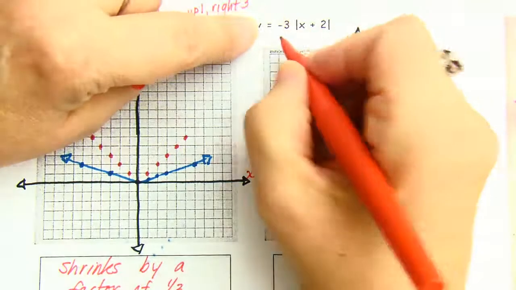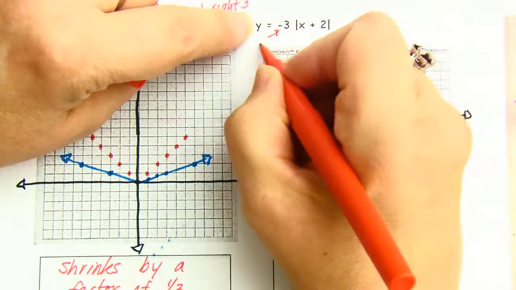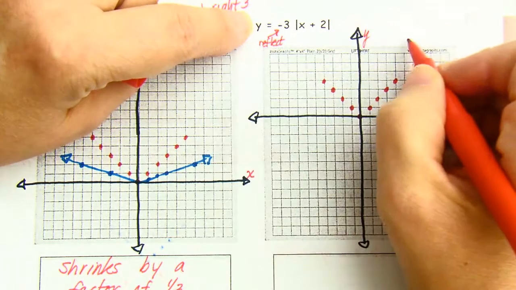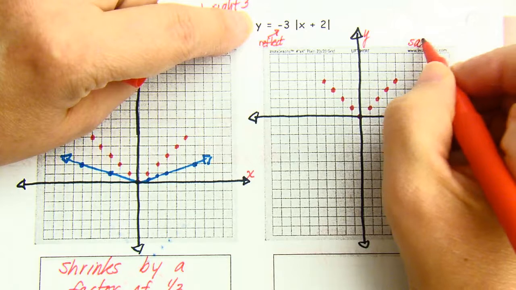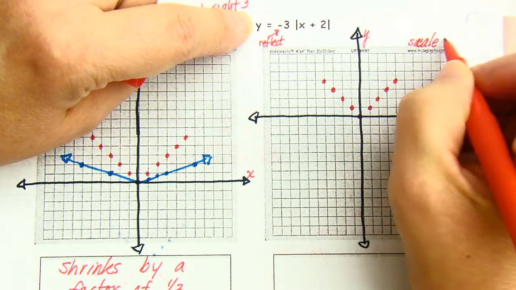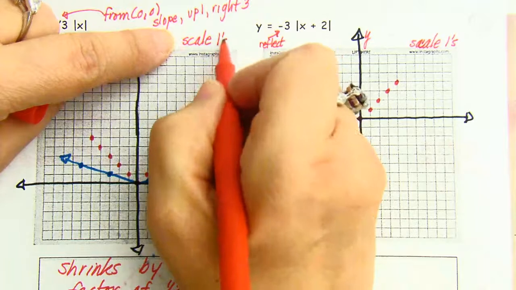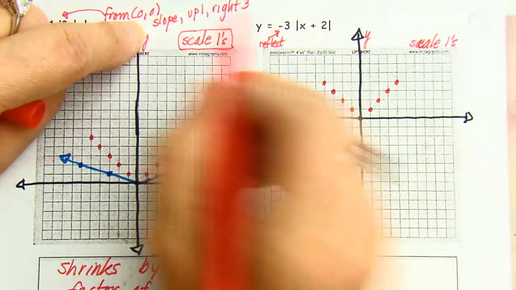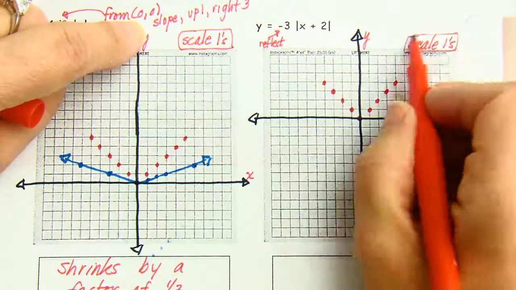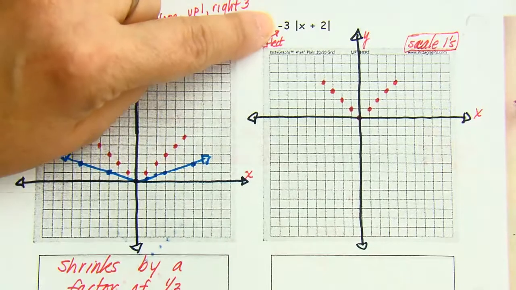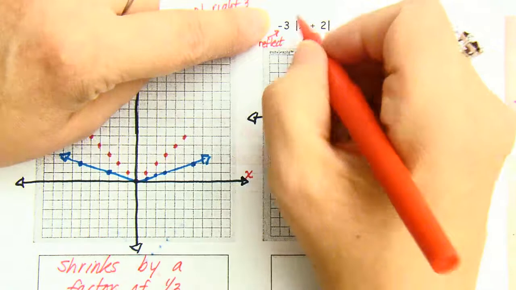This negative right here means reflect. This is my y-axis and my scale is 1s again. My scale over here was 1s. This is my x-axis. All right, that negative out front is my reflecting.